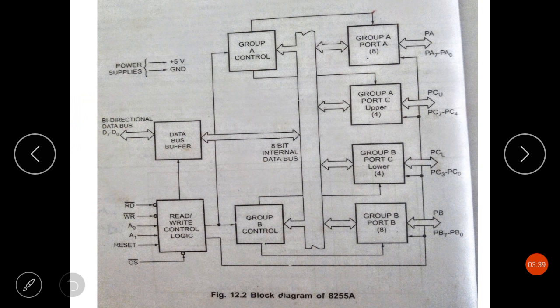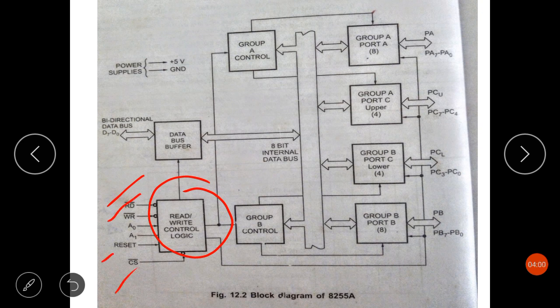Now we have the control logic block. It accepts control bus signals as well as input from the address bus. Which control bus signals? Like RD bar, WR bar, reset, CS bar.